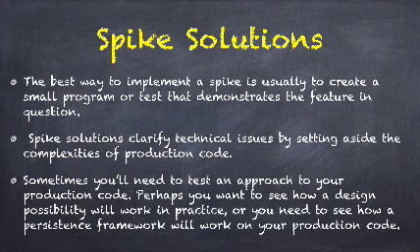Now, spike solutions are a learning technique based on performing small and concrete experiments. So what you do is you perform a small experiment and you get a concrete response or a reply back from your code. It makes you interact with your code better and analyze your code better so that it reveals most of its characteristics to you.